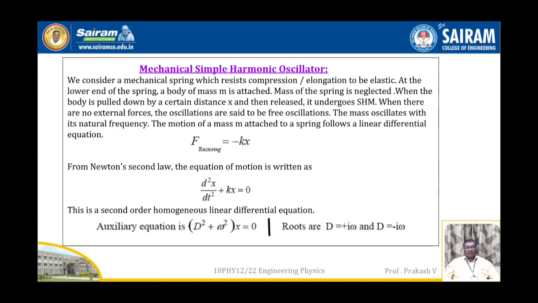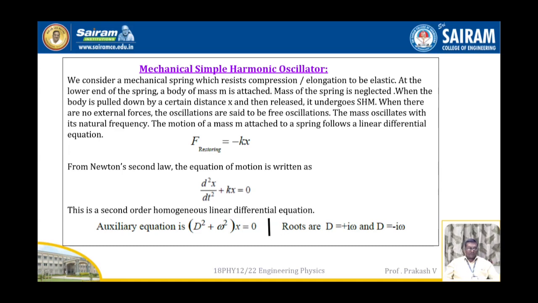The motion of mass m attached to the spring follows a linear differential equation. That is, restoring force F is equal to minus k into x. According to Newton's second law, the equation of motion can be written as d square x by dt square plus kx is equal to 0.